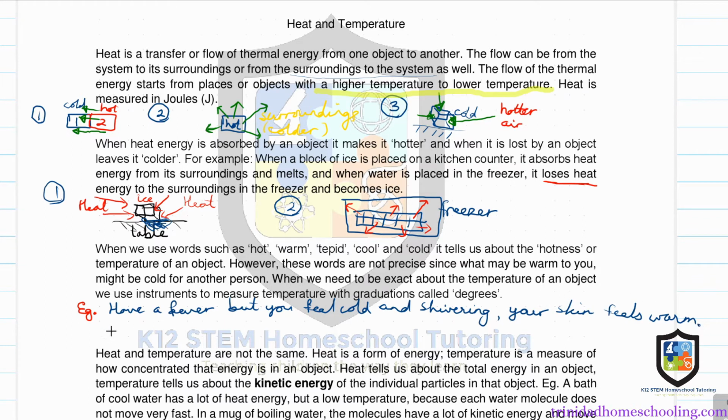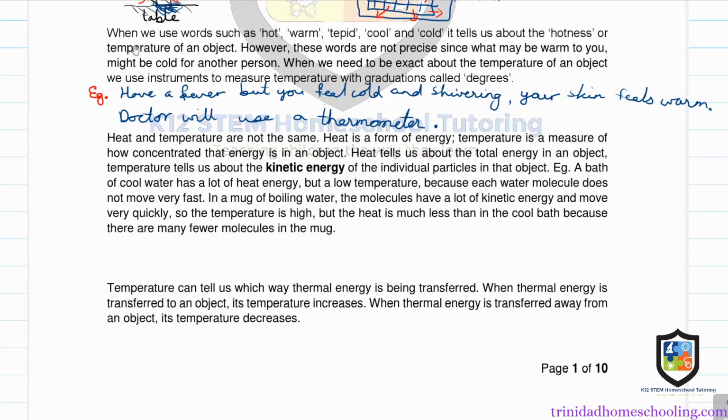To confirm that you have a fever, the doctor will use a thermometer to check your temperature, and this will accurately tell us if you have a fever or not according to the temperature that the doctor measured. So words such as cold and warm and hot are not precise words that we want to use to describe heat. Now heat and temperature are not the same, so you need to remember this, okay?